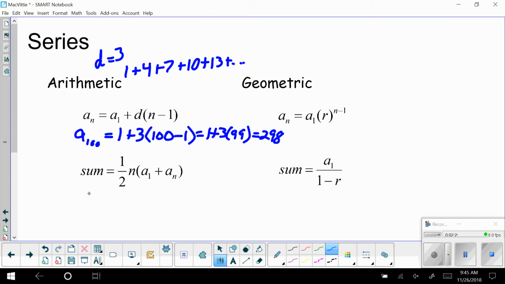Well, then we even have a formula that allows us to find the sum of an arithmetic finite series, which again, what we would need to know is how many terms, the first term, and then the last term. So if I wanted the sum of the first 100 terms of this series, it would be 1/2 times 100 terms, my first term was 1, and I just found my 100th term was 298.